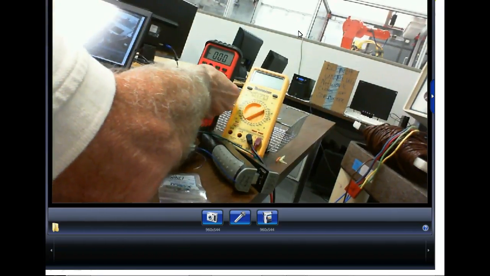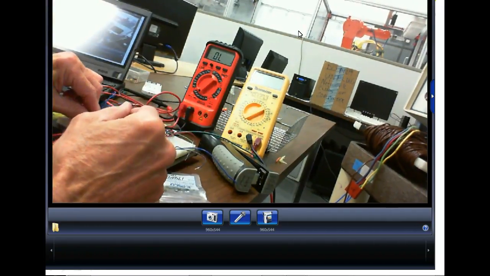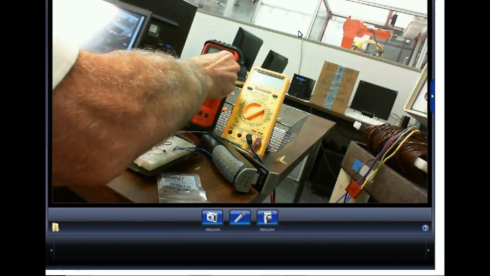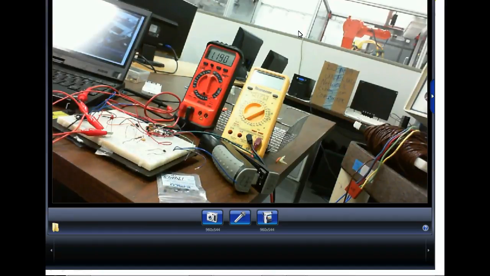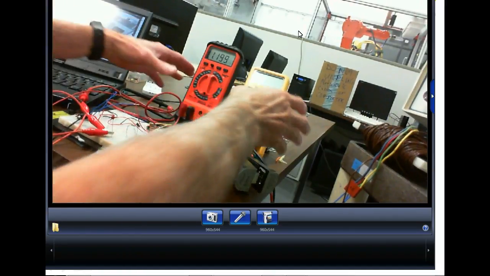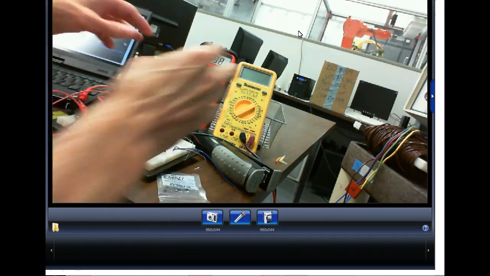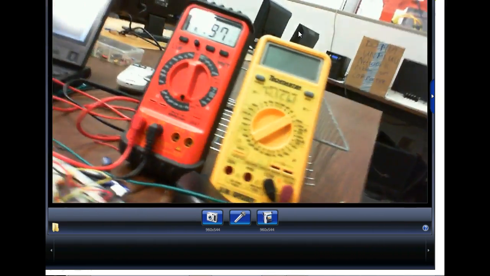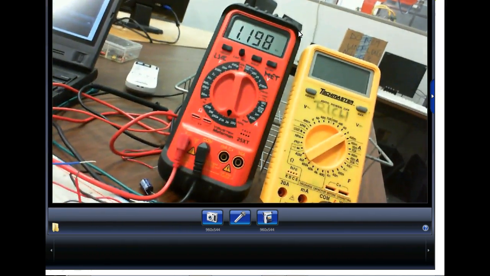We're going to put it on ohms. So right now it's got 1.1 K ohms.